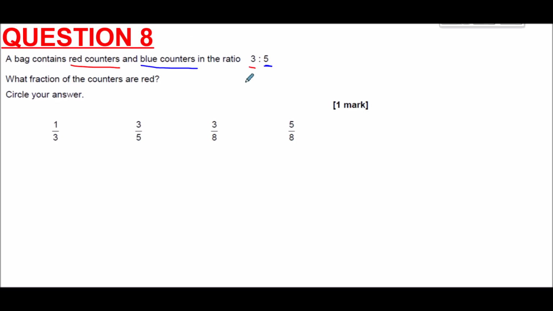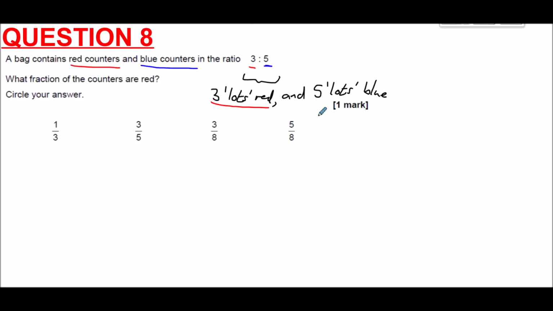So we can think of this in terms of 3 lots of red and also 5 lots of blue. So in total there's 8 different lots of counters. 3 plus 5 gives us 8 different parts.